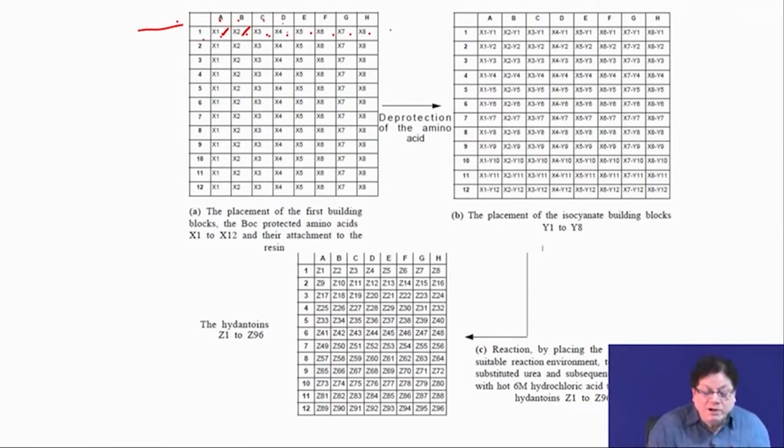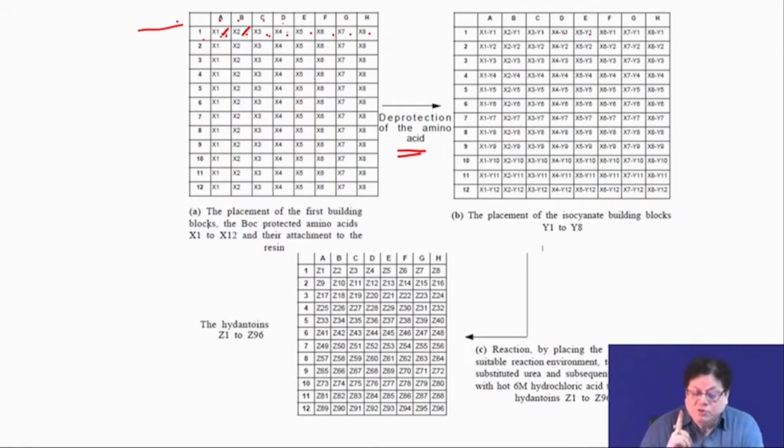Okay. Now, what you do, you deprotect the amino acid on the bead, and then you add the next amino acid and couple. Okay. The next amino acids, you again have 8 different, not 8, actually, sorry, these are 12, because there are 12 groups on this side, in the column.